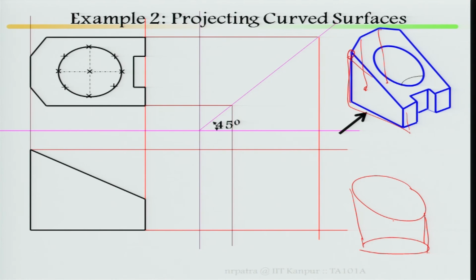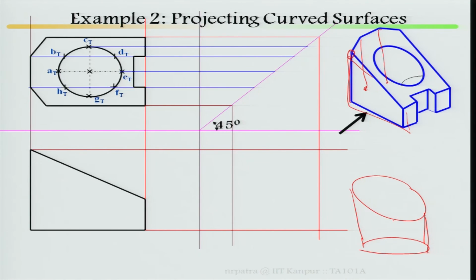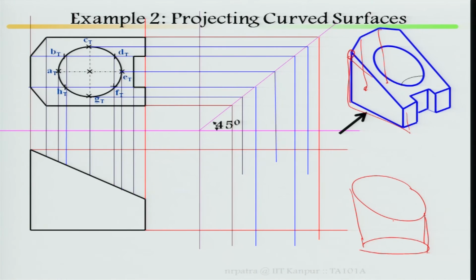Mark in the top view circle points, regular points, 12 equal points or 20 points. Once you mark it, you name it. Once you name it, you project it back. Project this point back onto the surface. This is your inclined surface. Project these points back and mark these points.